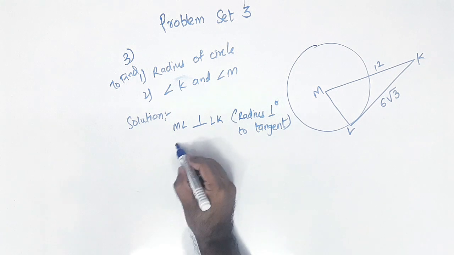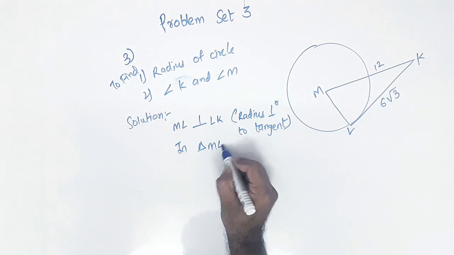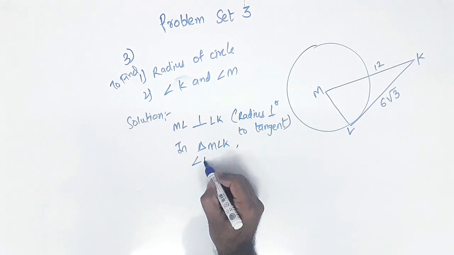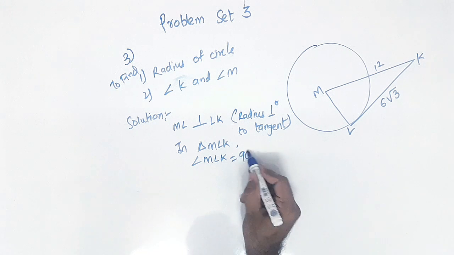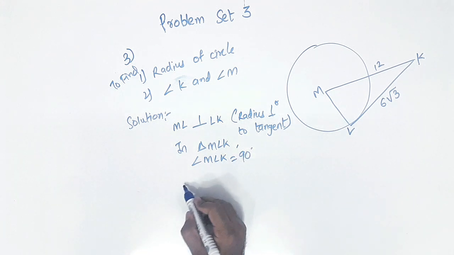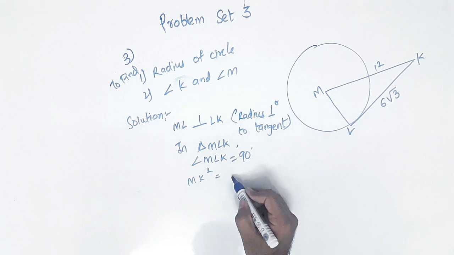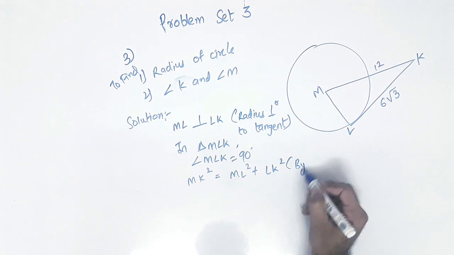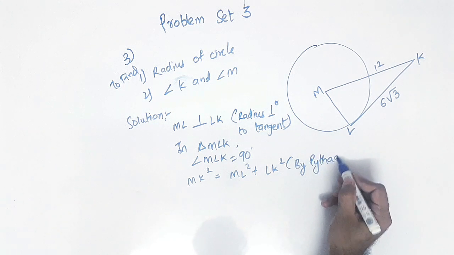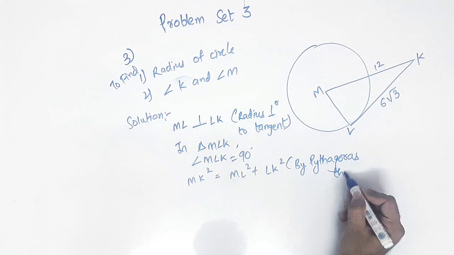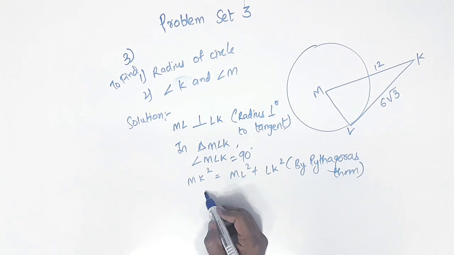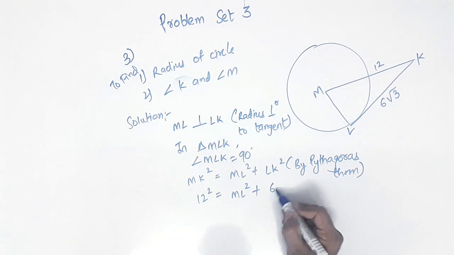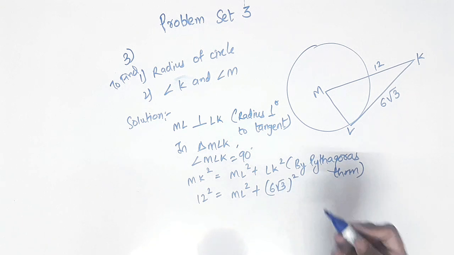Now in triangle MLK, angle MLK equals 90 degree. First you have to mention this and then write, by Pythagoras theorem, hypotenuse square is equal to one side square plus other side square. So MK is 12, 12 square is equal to ML square plus 6 root 3 square.